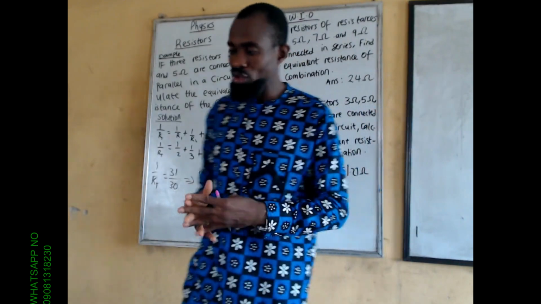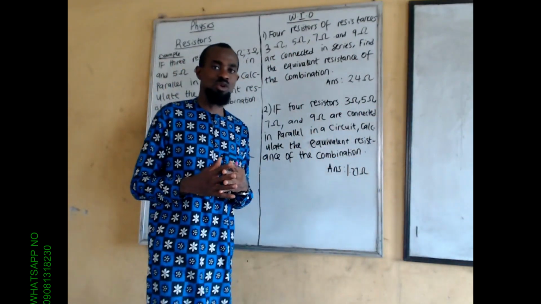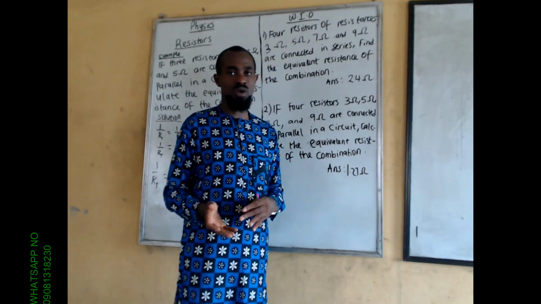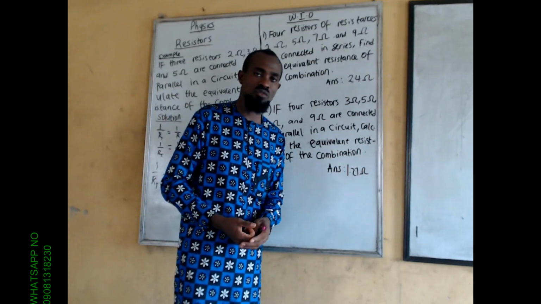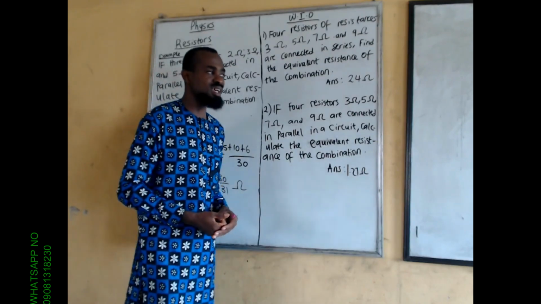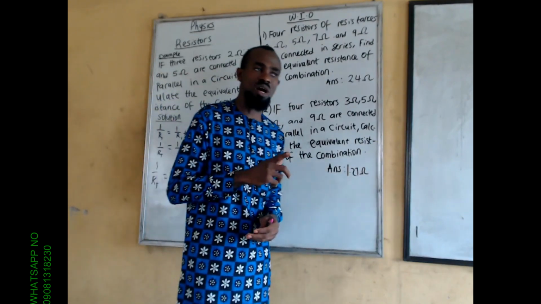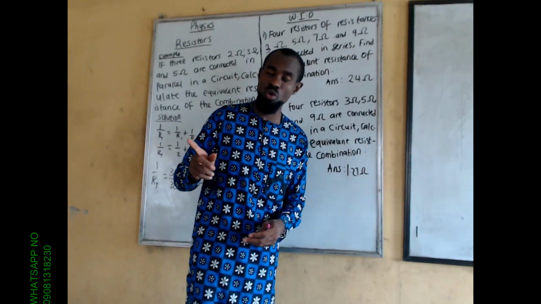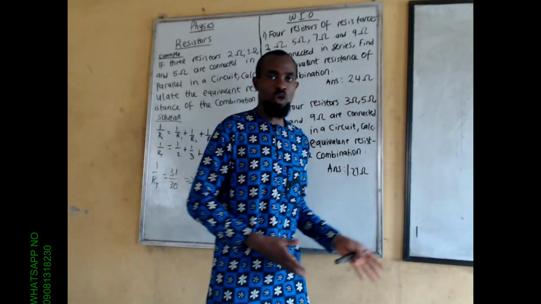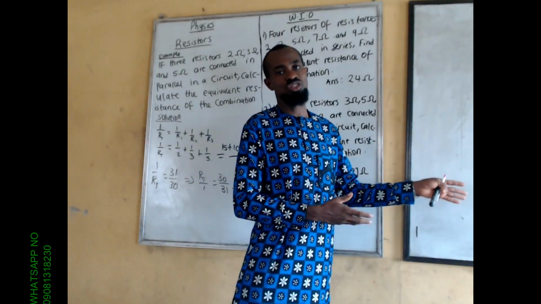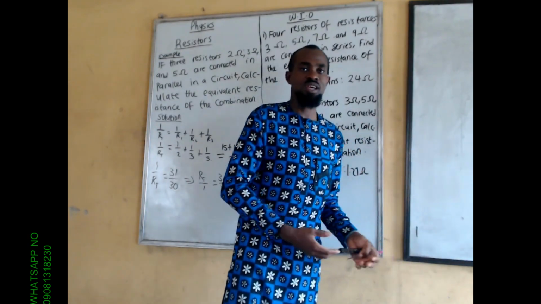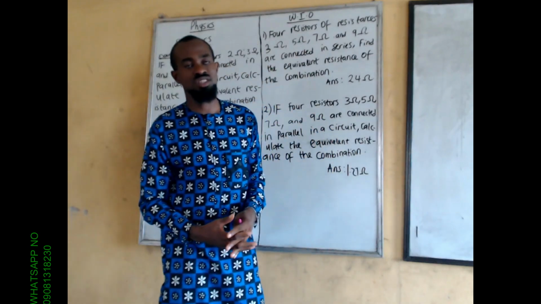Now, we are done with what a resistor is. We now know how connecting resistors in series and parallel gives the equivalent combination of the resistance. And note, when you have resistors connected in series, we say the same current flows through all these resistors, but you have different potential differences across them.